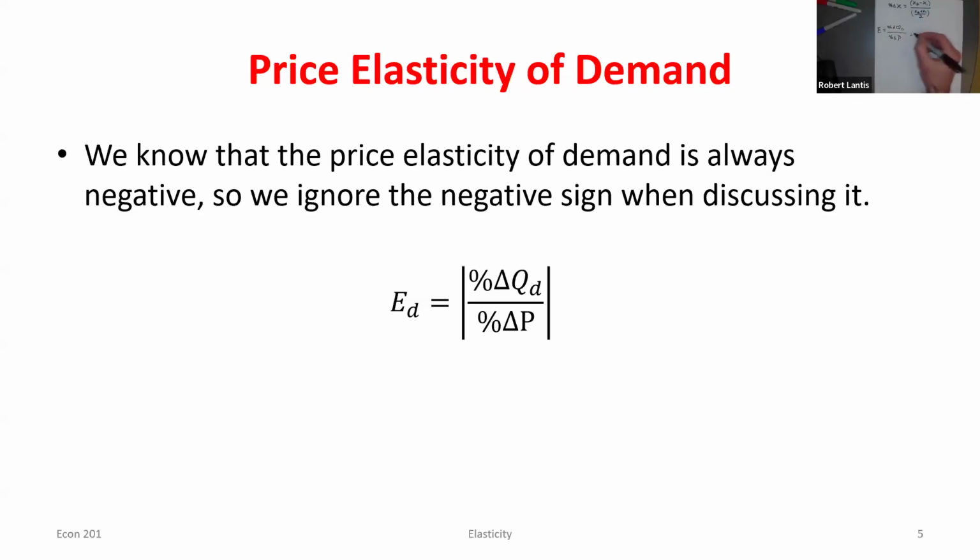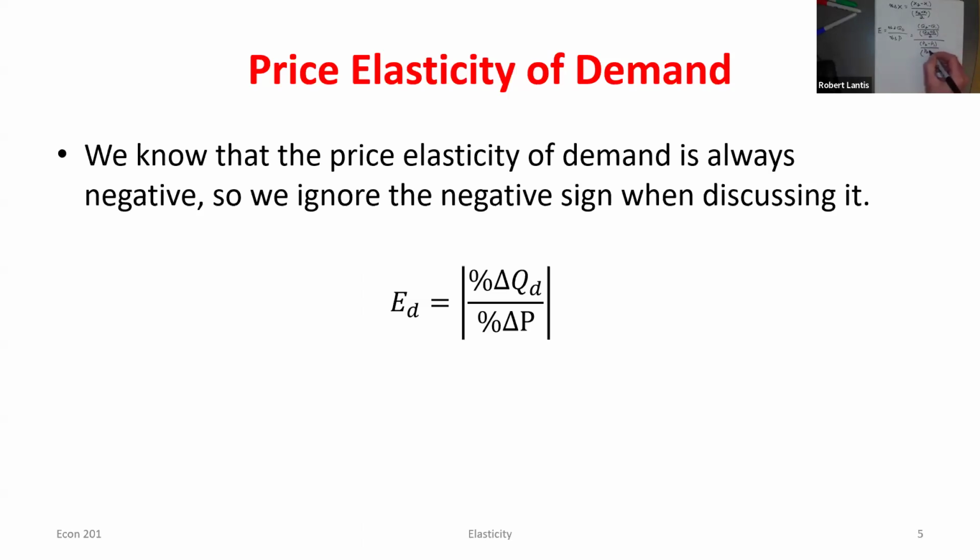When I want the percentage change in quantity demanded, I'll take whatever the change in the quantity was, divide that by the average of those two quantities. And then if I want the percentage change in price, what was the change in price that resulted in that change in quantity?